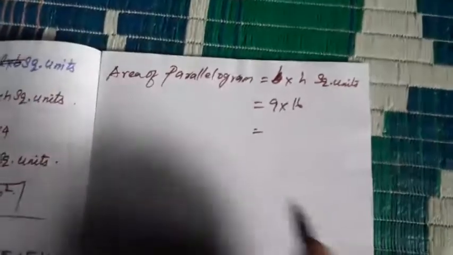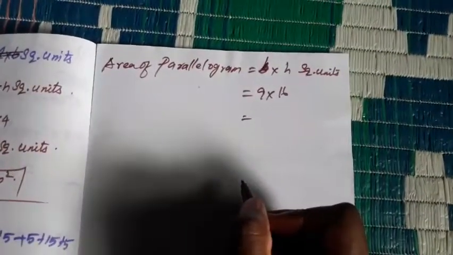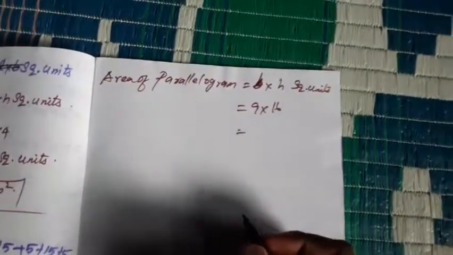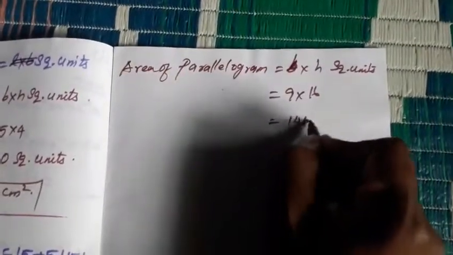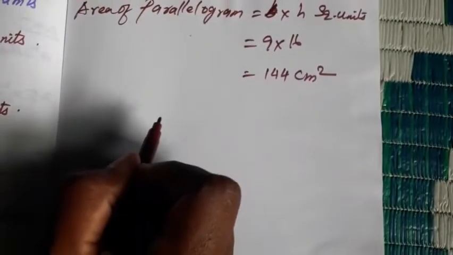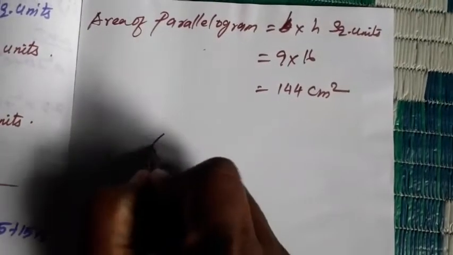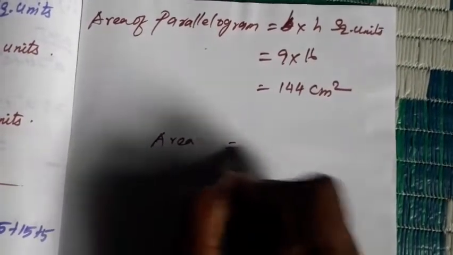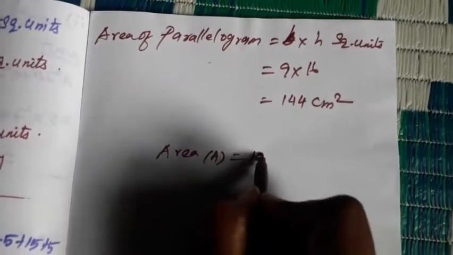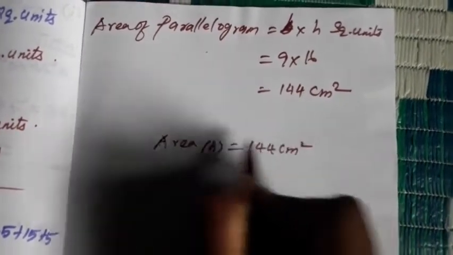So 9 into 16 is 144 square units. All are given in centimeter, therefore we put centimeter square. We denote area by capital A, therefore area equal to 144 centimeter square.